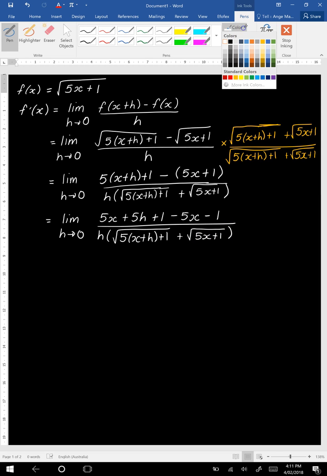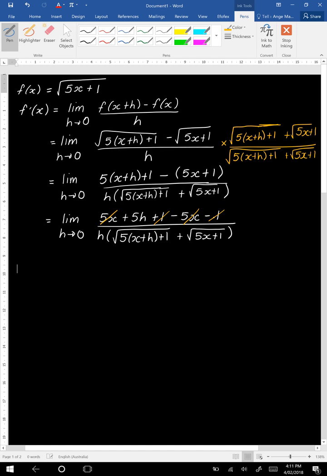Takes a while to copy out, doesn't it? Okay, let's have a look. So 5x doesn't have an h, and we've got a minus 5x. That's great. And we've got 1, take 1. Life is looking good. Carry on. Oops, change that back, although I don't mind that colour.